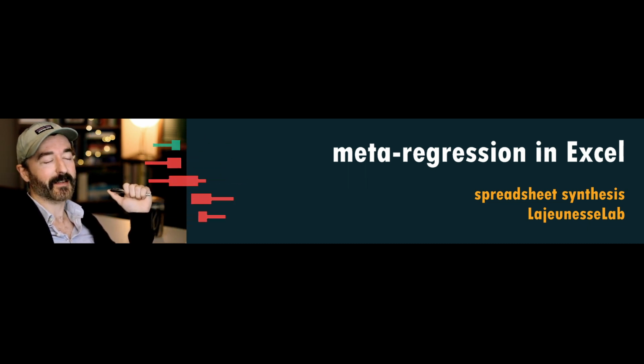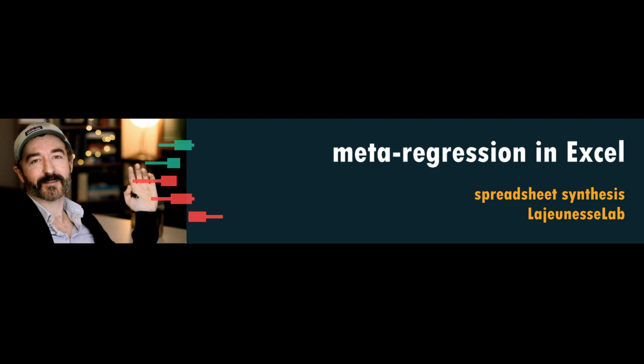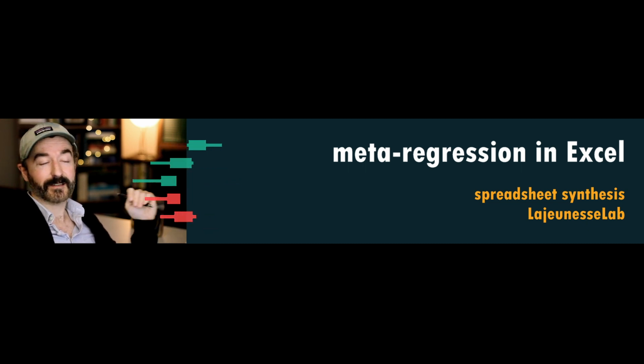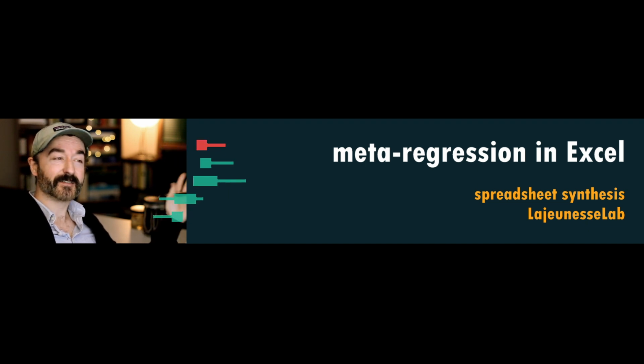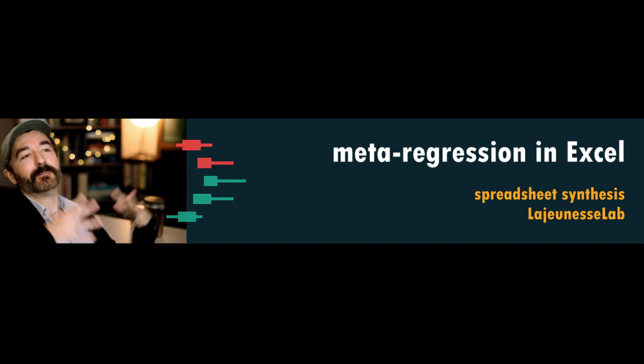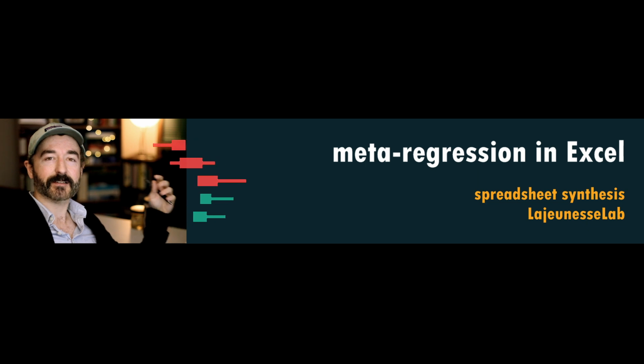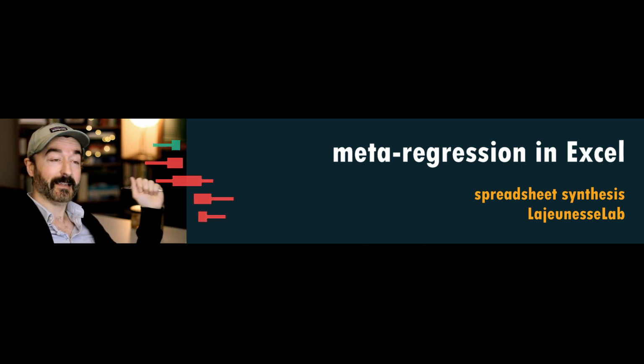meta-regression. And now, with a classic meta-analysis, it's univariate. You just have the one, you're taking an average across effect sizes, but when you're doing a meta-regression, you're really extending the model to include predictors now.